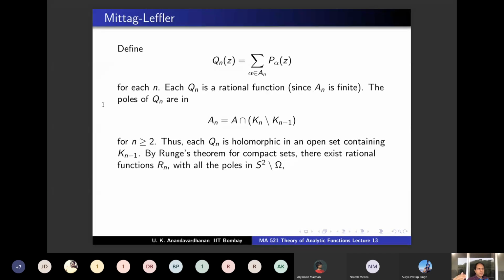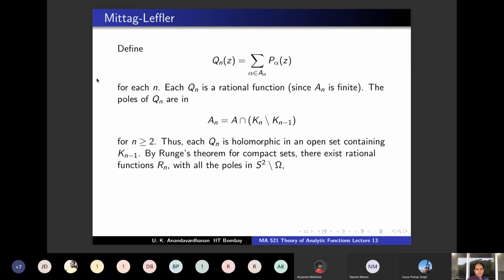The poles can be prescribed: you can give me a collection which meets each component of S2 minus Kn minus 1. But each component of S2 minus Kn minus 1 contains a component of S2 minus omega, so I take my prescribed set from S2 minus omega. So I can make sure that the Rn have poles in S2 minus omega. That's all that I need. The precise point is not required.